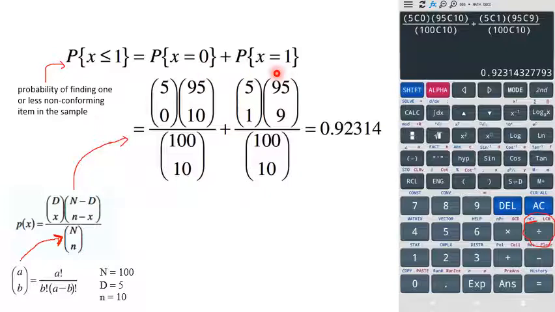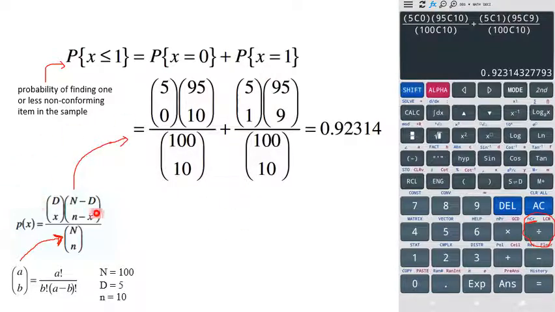We can't have 0.5 defective or 0.75 defective. So the probability of finding one or fewer defective items in the sample is equal to the probability of getting 0 defective in the sample plus the probability of getting 1 defective in the sample.